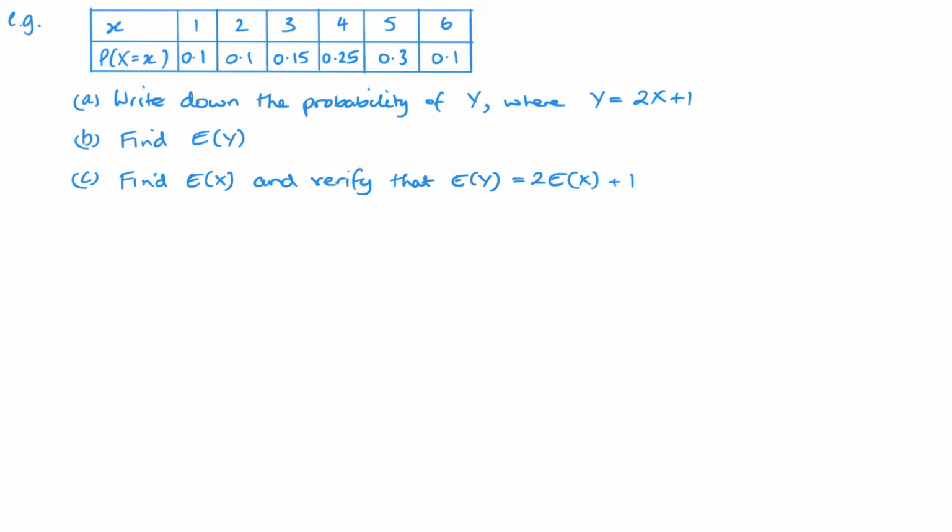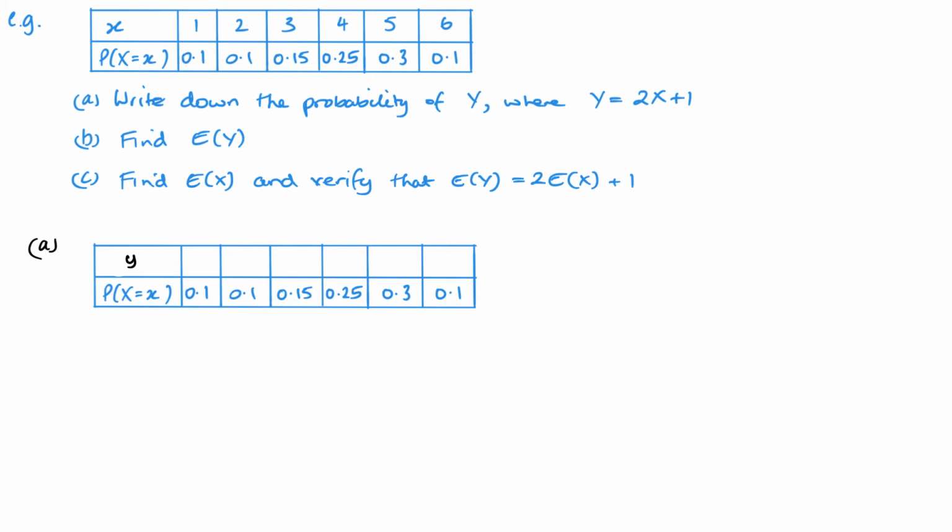Now, for this type of question, for the first part, we want to work out the probability of Y, where Y is 2X plus 1. So the first thing, we're going to basically rewrite this table, which means that this is going to become Y, and 2X plus 1, so 2 1s are 2 plus 1 is 3. 2 2s are 4 plus 1 is 5. 2 3s are 6 plus 1 is 7. 2 4s are 8 plus 1 is 9.